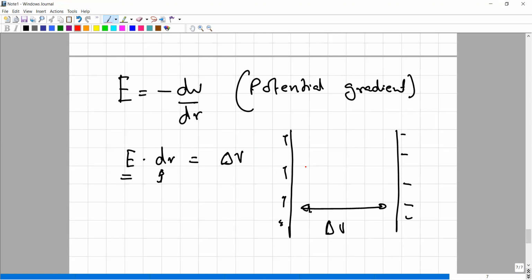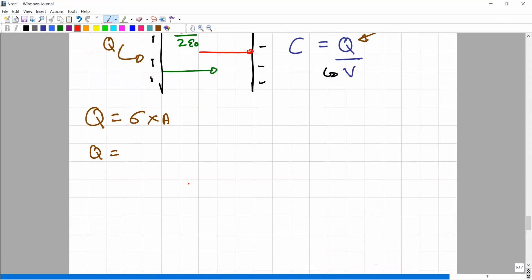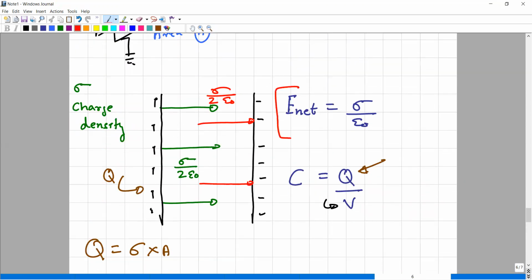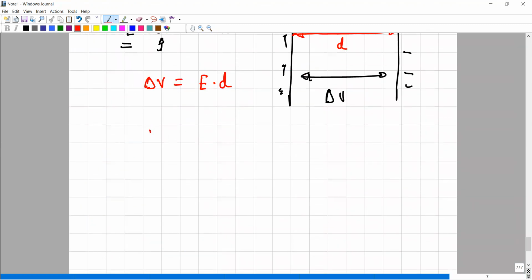In our case, the distance between the positive and the negative plate is D. So the potential difference will become the electric field times D. And what is the electric field for us? We have done this. The net electric field between the plates is sigma by epsilon naught. That means my potential difference would come to sigma over epsilon naught times D.